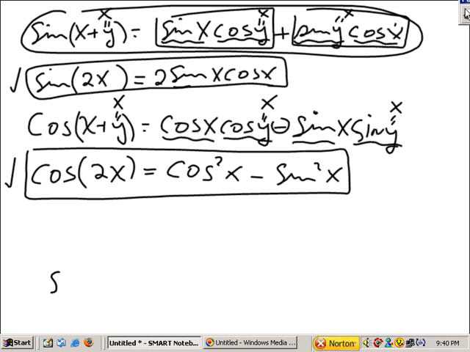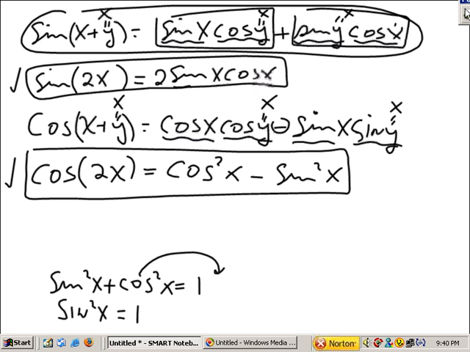We know that sine squared x plus cosine squared x is 1. If I bring the cosine squared x over, I get sine squared x is 1 minus cosine squared x. So another way of writing sine squared x is 1 minus cosine squared x. Well, I'm going to write that right there.